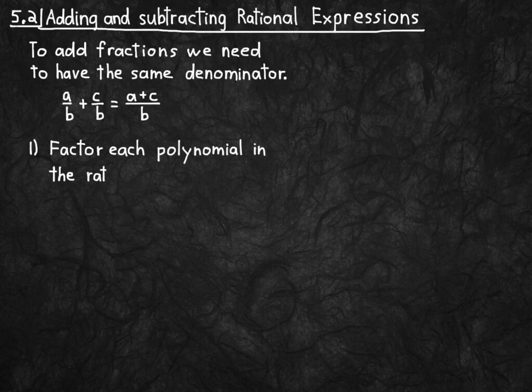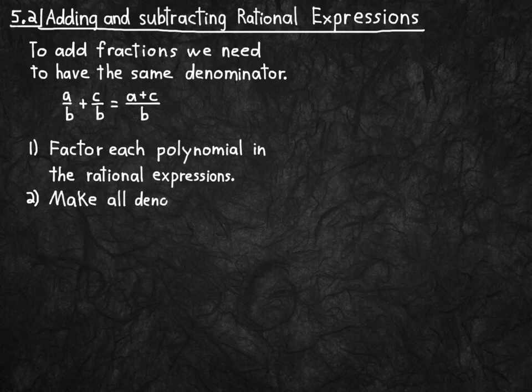Well, there's a mathematical proof that it doesn't work, so that's the real reason. Okay, so these are the steps that we will be using on the problems in the subsequent videos. First, you factor each polynomial in the rational expression. That would be everything in any denominator and everything in any numerator. Okay?